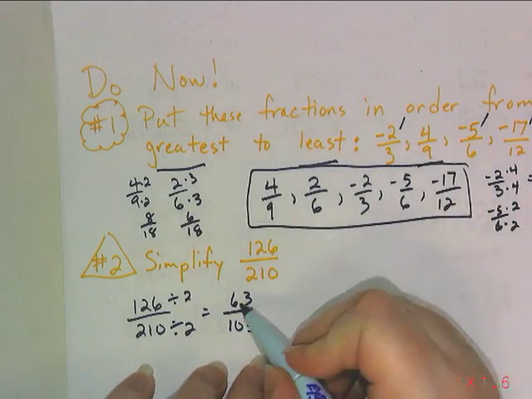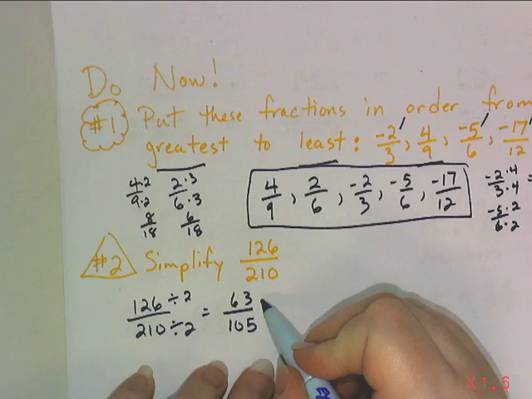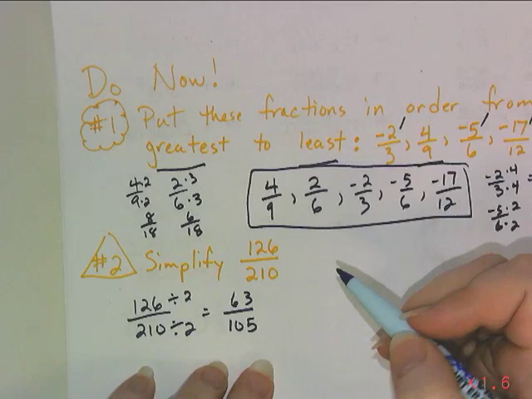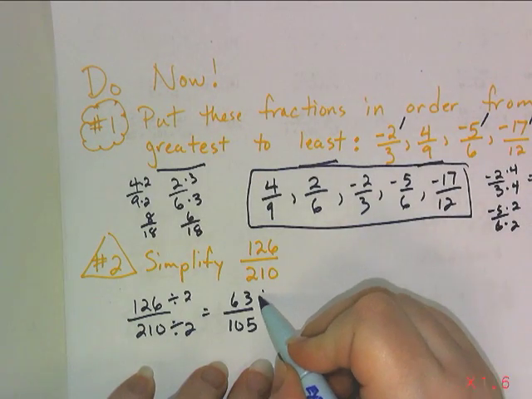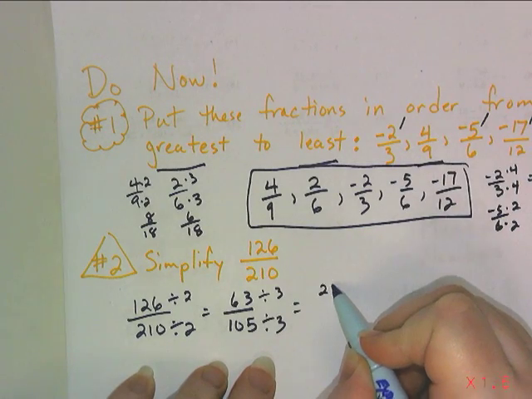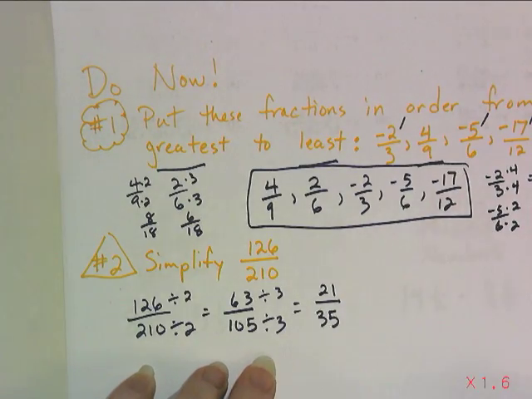And that's true in both of these cases. 6 plus 3 is 9. 9 is divisible by 3, so is 63. And 1 plus 0 plus 5 is 6. That's divisible by 3, so is 105. So I'm going to divide these both by 3. That gives me 21 over 35.